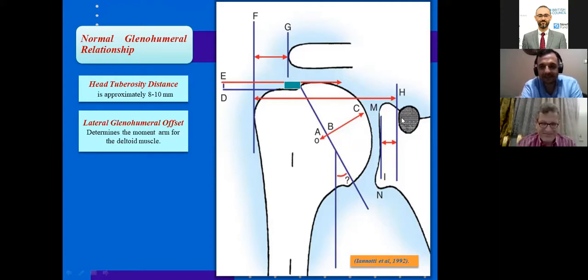So when there is decreased offset in the glenoid, the fulcrum will be disturbed. Also, when the lateral glenohumeral offset is decreased, the fulcrum of abduction will be disturbed. So to proceed for total shoulder arthroplasty, you have to respect these relationships.